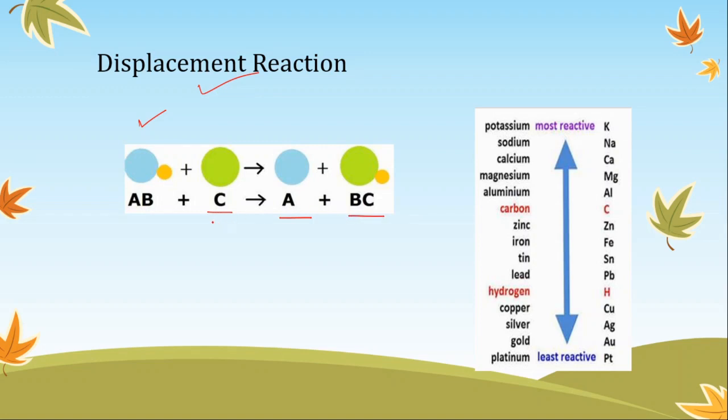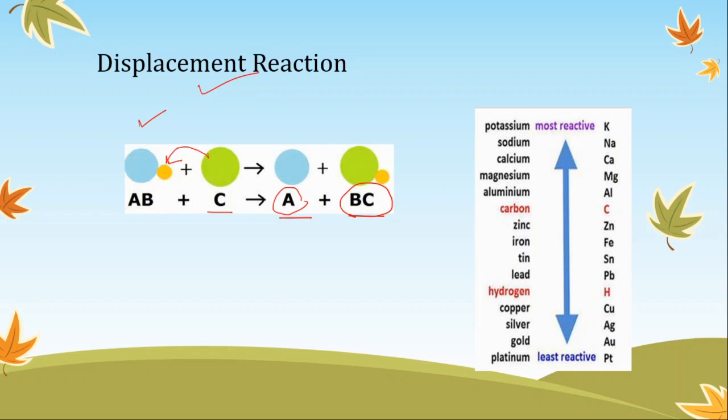So you can see what is happening over here: in the AB compound, C is forming a new bond with B and A is left alone, and BC is the new compound formed. So there is the displacement of the elements between the two reactants.